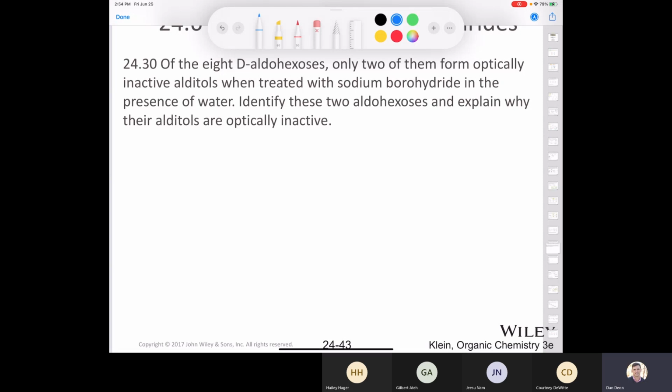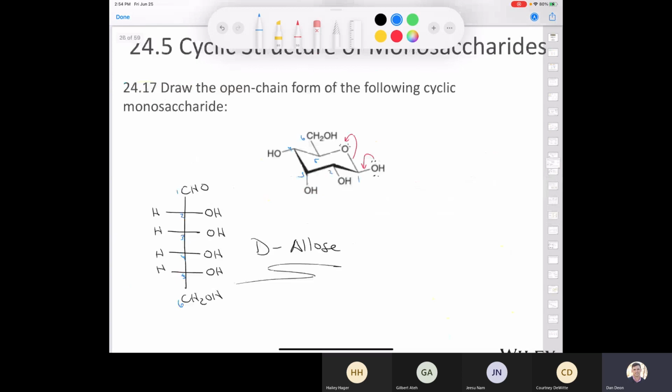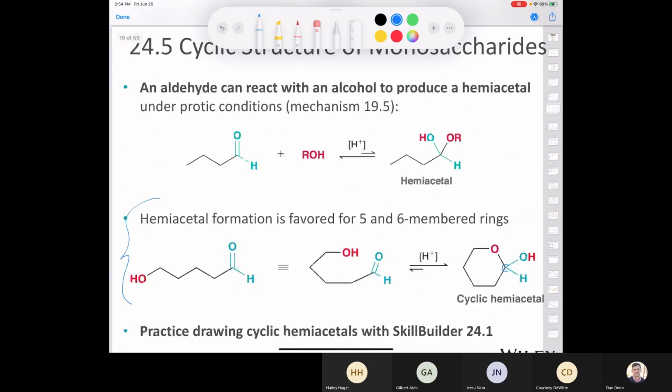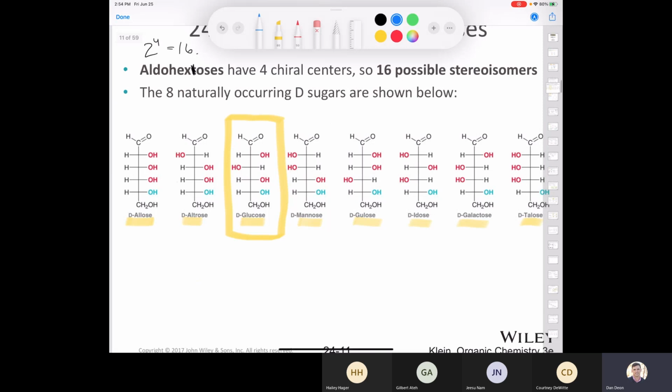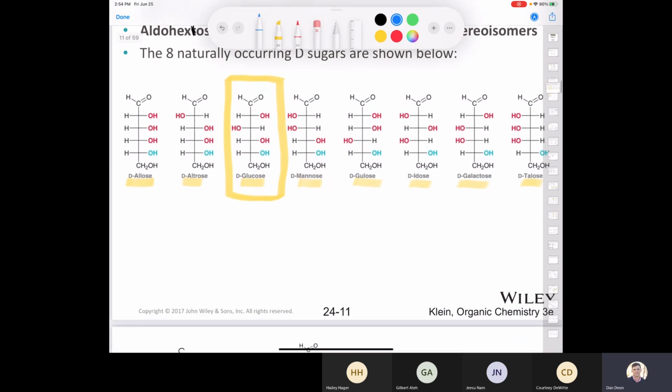When we make an alditol, we end up with optically inactive compounds. Oh, I see what they're getting at here. So let's see. If we go back to the family of aldohexoses, where's the family of aldohexoses? Here they are, right here. Okay, we can see them a little bit better here. I'll erase some of this spinach that I have.